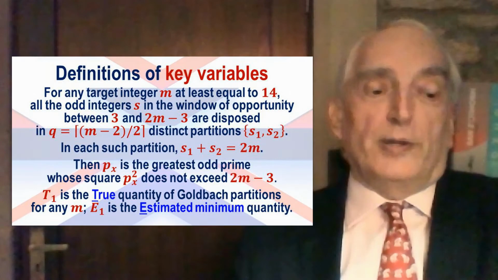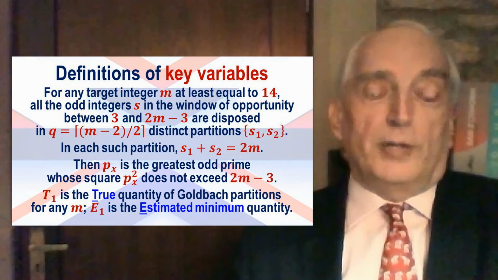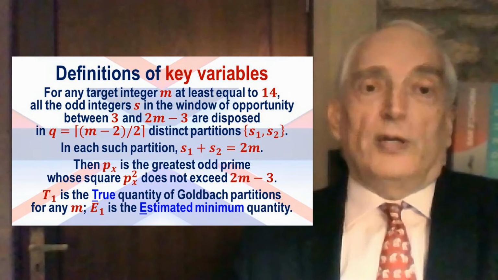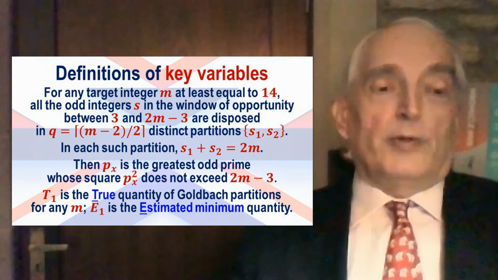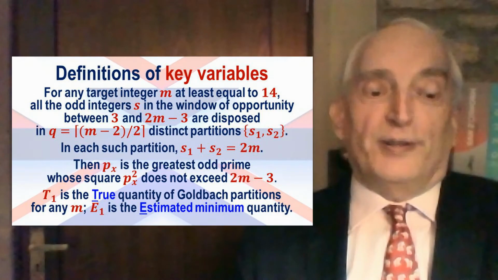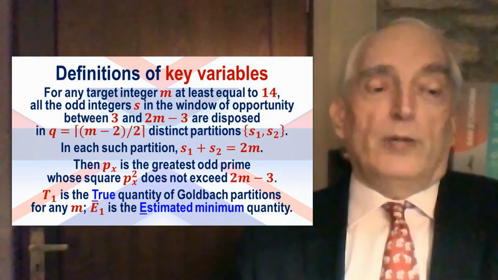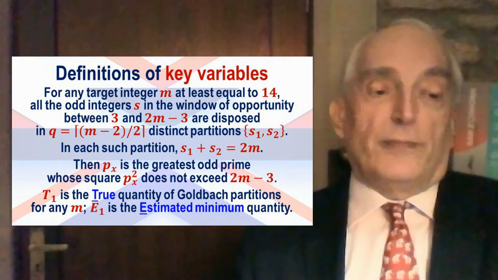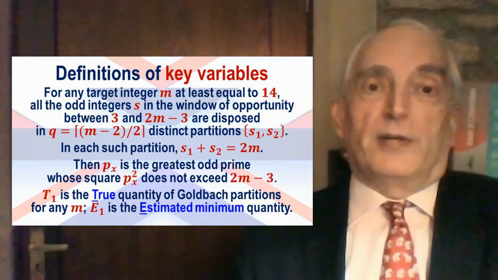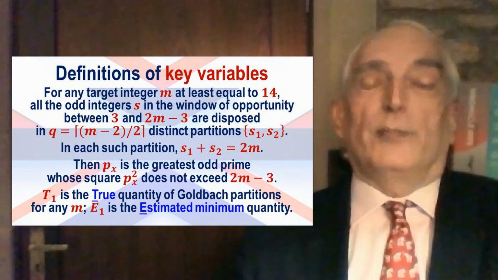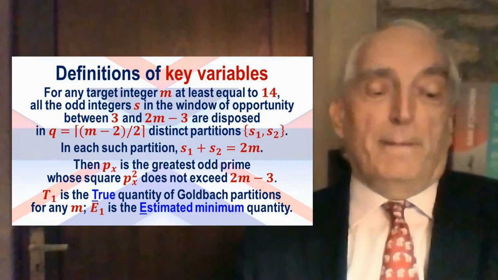That's the method. Now we define some key variables. The target integer m will be at least equal to 14, and all the odd integers s will fall in what we'll call the window of opportunity between 3 and 2m minus 3. And we dispose all those odd integers in q equals the ceiling function on m minus 2, all divided by 2, distinct partitions S1, S2, those are the two elements in each partition, and in each such partition S1 plus S2 must sum to 2m.